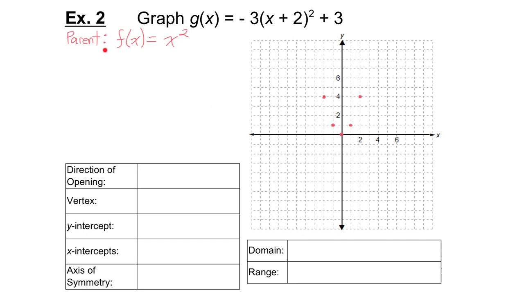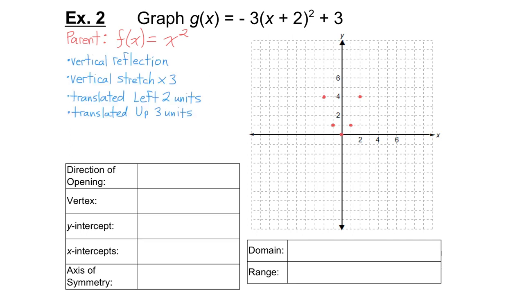Remember to start with what the parent function is and plot some points from the parent function. Next, we have to find out what are all the transformations that are being applied. We have a vertical reflection, a vertical stretch times 3, translated left 2 units, and up 3 units.